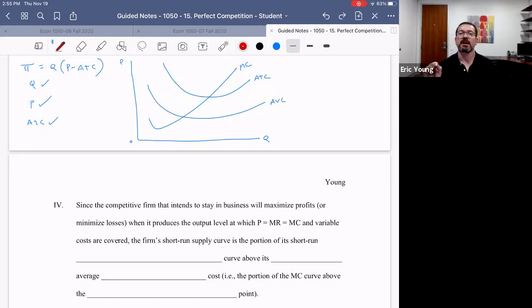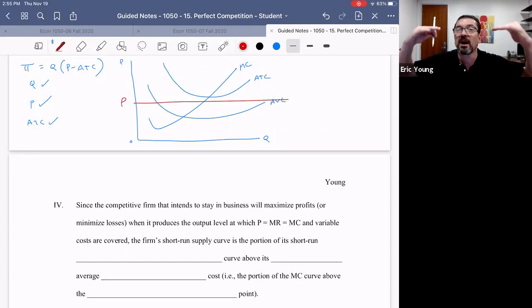Then things got a little bit complicated because we had situation number three. And this was the case where price, which is here in the red line, was below ATC. So you have a loss, but was above AVC.